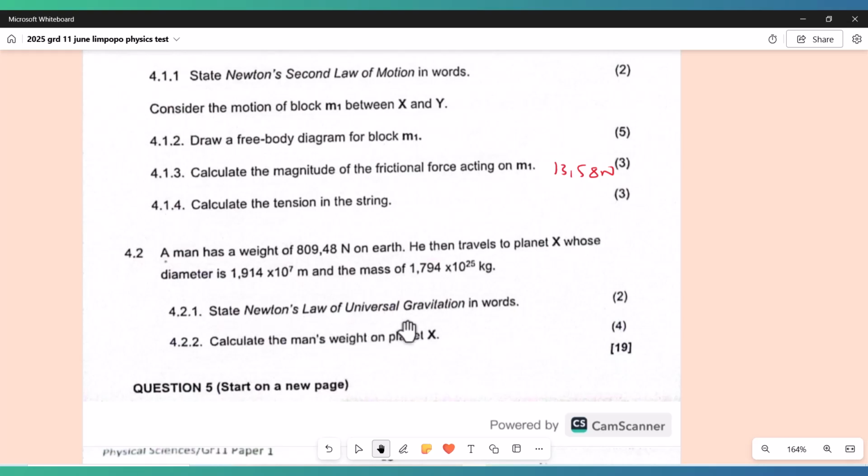State Newton's law of universal gravitation in words. How do you state that? Every body in the universe attracts every other body with a force that is directly proportional to the product of their masses and inversely proportional to the square of the distance between their centers.